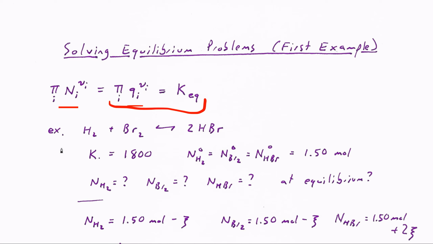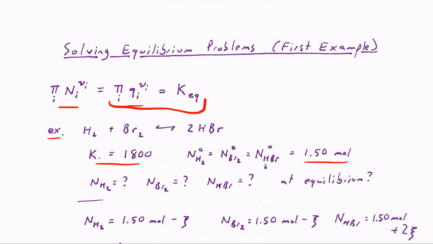As an example, we can consider our favorite example so far, H2 and Br2 reacting to form HBr. Suppose that we know, or we've looked up, or we've measured experimentally that the equilibrium constant has a value of 1800 at some particular temperature. At that temperature, we introduce 1.5 moles of H2, the same amount of Br2, and the same amount of HBr into a reaction vessel.